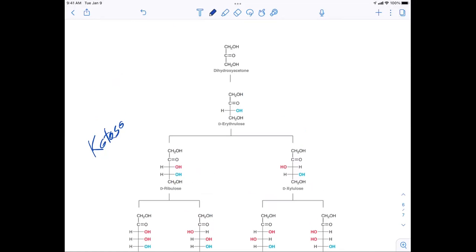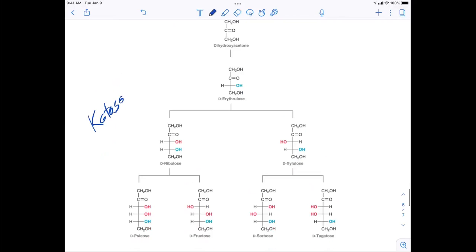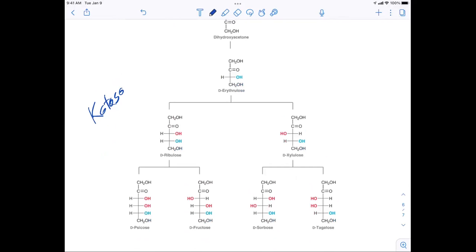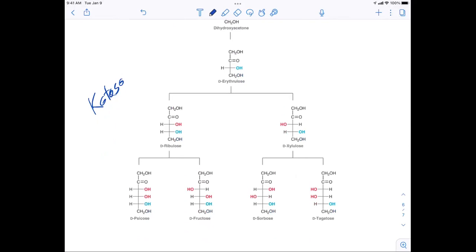That's a symmetric molecule. Then that turns into erythrulose, right? And then add one more carbon, get down to ribulose and xylulose, then psicose, fructose, sorbose, and tagatose, right? And then this is the one that we're going to be seeing quite often, fructose.